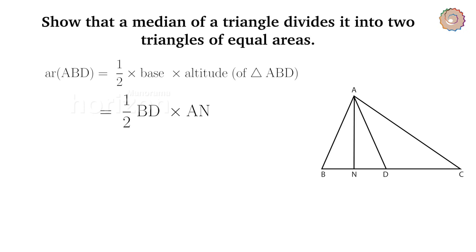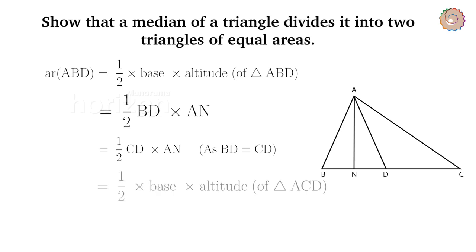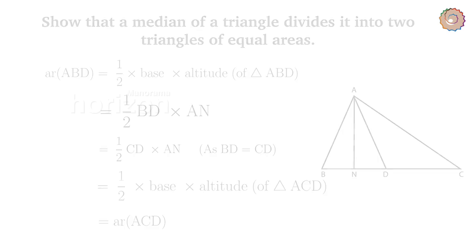As BD is equal to CD, we write half into CD into AN, which is half multiplied by base and altitude of triangle ACD, which implies that this is equal to the area of ACD. Therefore, a median of a triangle divides it into two triangles of equal areas.